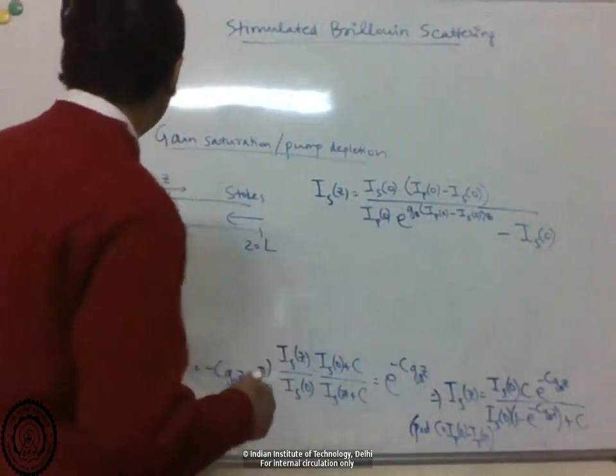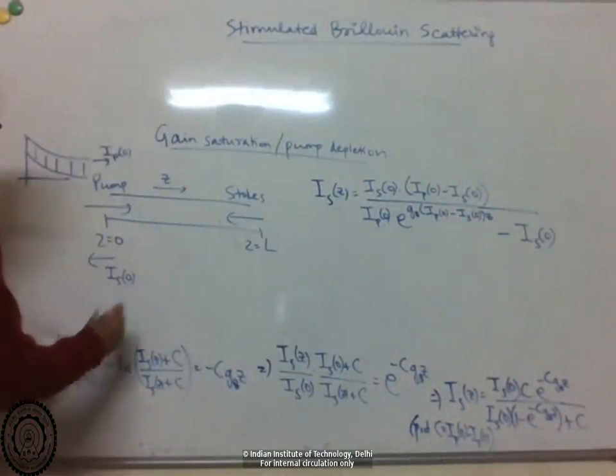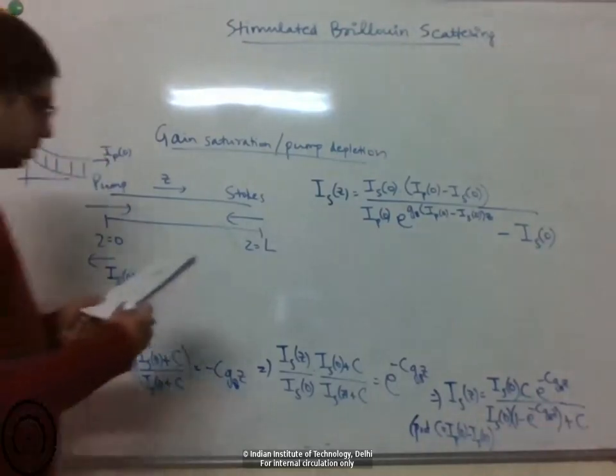Okay, so now we can define SBS reflectivity, which is basically IS 0 divided by IP 0, right? So how much Stokes I get back divided by how much pump I'm sending in.